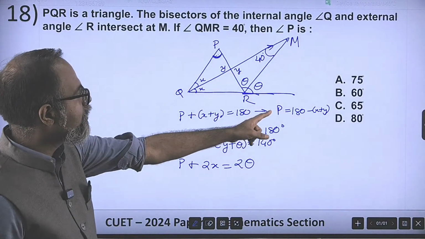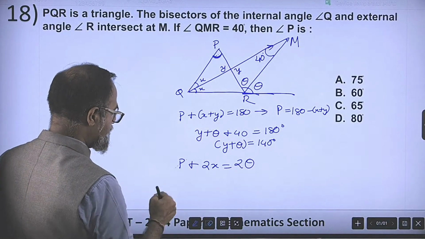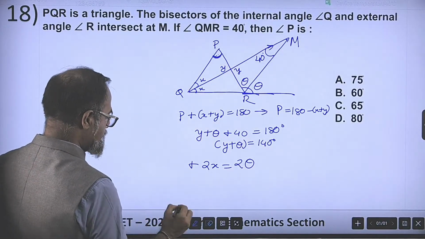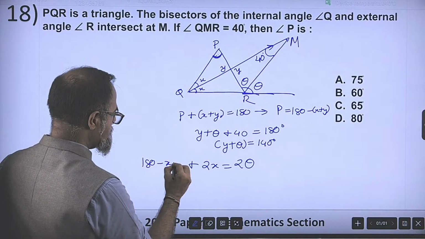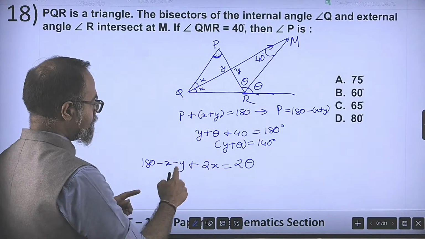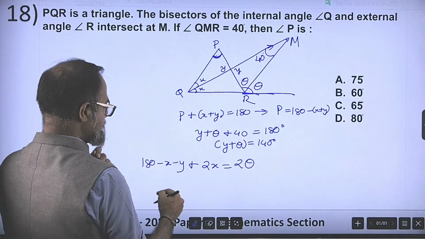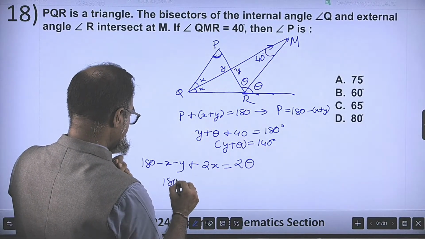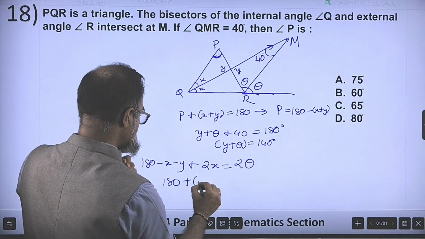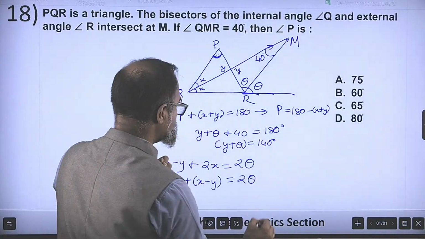And P I know is 180 minus X plus Y. So, instead of P, if I write this as 180 minus x minus y, opening the bracket, plus 2x is 2 theta. Then I can simplify this a bit, right? I can write it as 180 plus x minus y is equal to 2 theta.